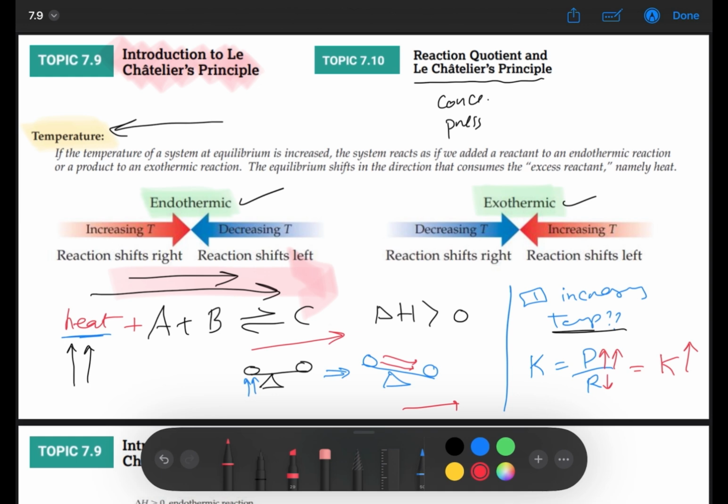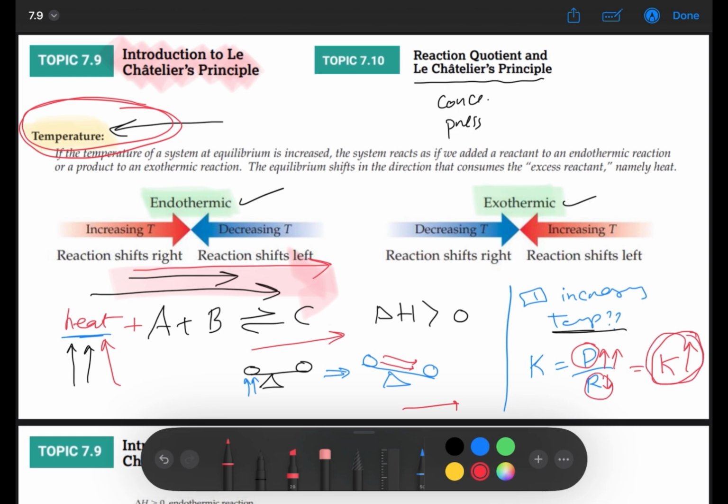Temperature is the only factor that leads to a change in the value of K, the equilibrium constant. So increasing the heat shifts the reaction to the products: more products, less reactants, and K is higher.